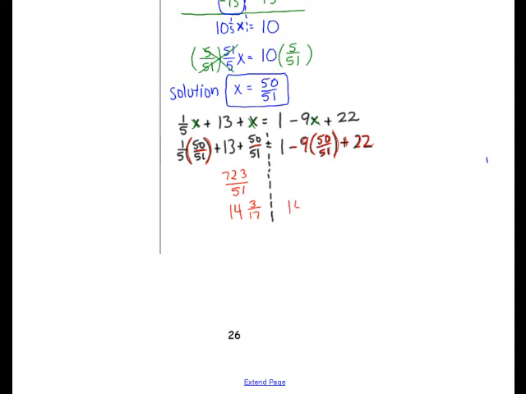The value is 14 and 3/17. Since the values are equal, you have proven that the value of x that makes this equation a true statement is 50 over 51. When you get two values are equal, you have proven that your solution is correct. You have checked it.